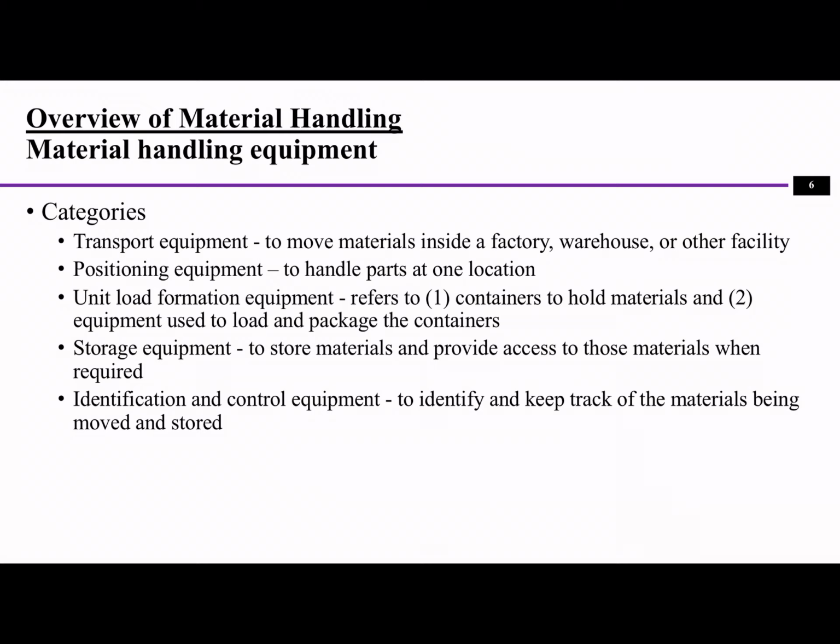And another type of equipment is unit load formation. So, for example, you have a whole pallet, and that will be the unit load that you want to transfer. If it is not full, then you can calculate how much of the load, for example, half a load or 1/3 of the load.